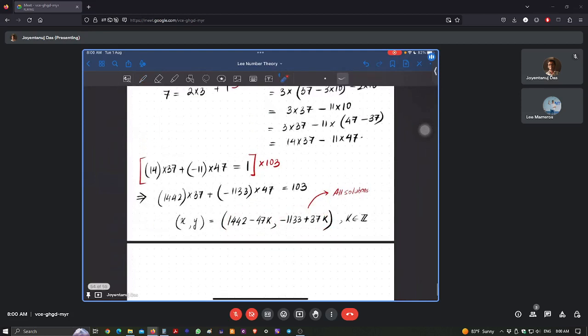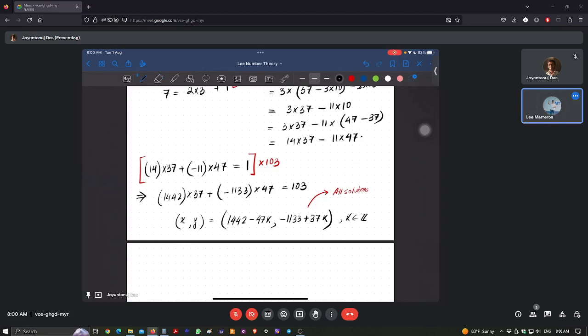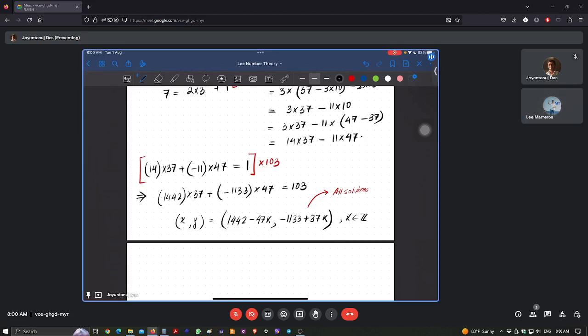So what should I choose our k as? We can just do guessing. What is the nearest term? 47 times how much will be near to 1442? You can just divide and check what will be the nearest multiple.